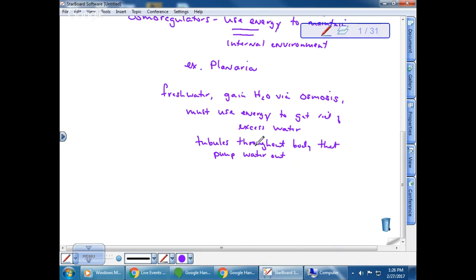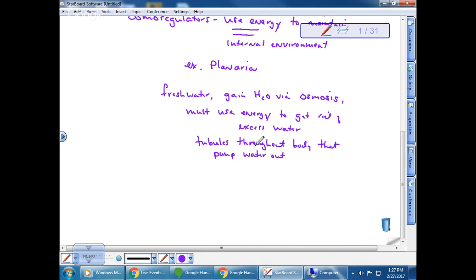They have holes in the side of their body, and these tubules are constantly taking the water and pumping it back out. And so it takes energy. So even planaria are osmoregulators. Instead of having all of the tubules in a kidney, they just have them throughout their body.